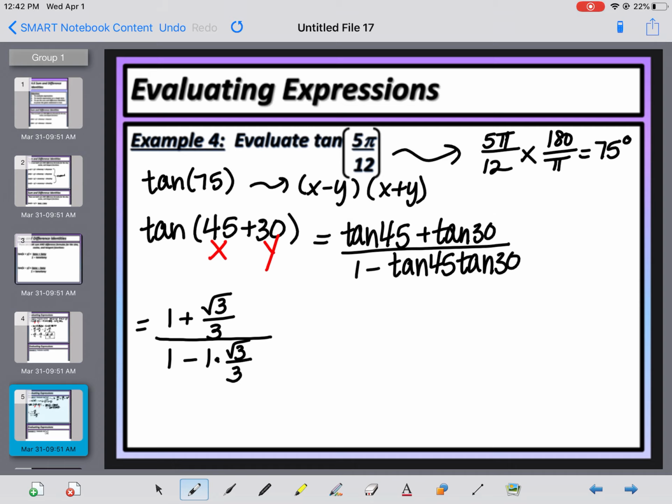Tangent of 45 is 1, and tangent of 30 is root 3 over 3. So this is what my problem looks like now.